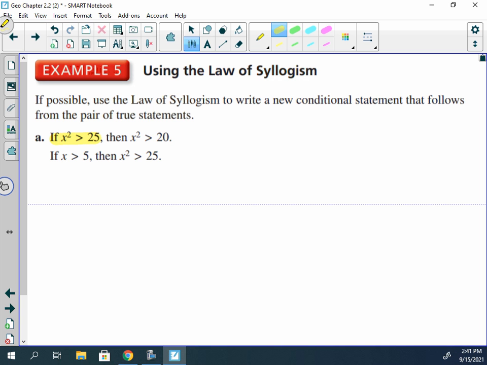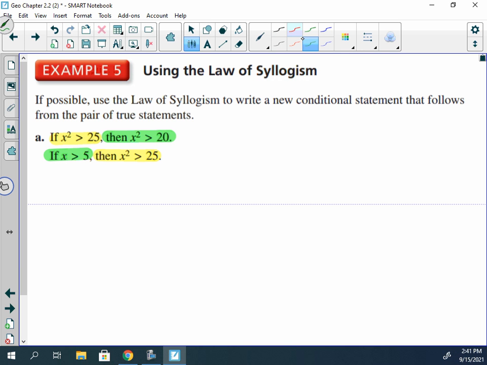Because we have, if x squared is greater than 25, then x squared is greater than 20. Those do match up. We do have a hypothesis and conclusion that match. Yes? Then we can use the law of syllogism by connecting the other two.